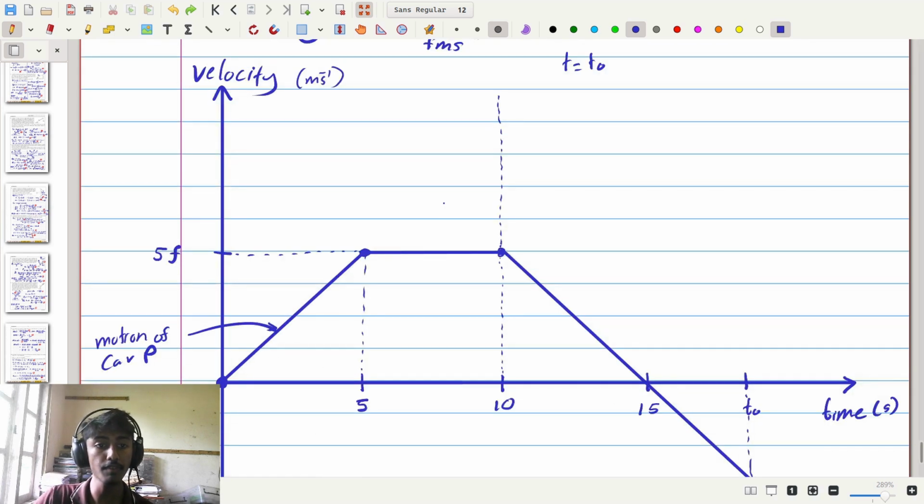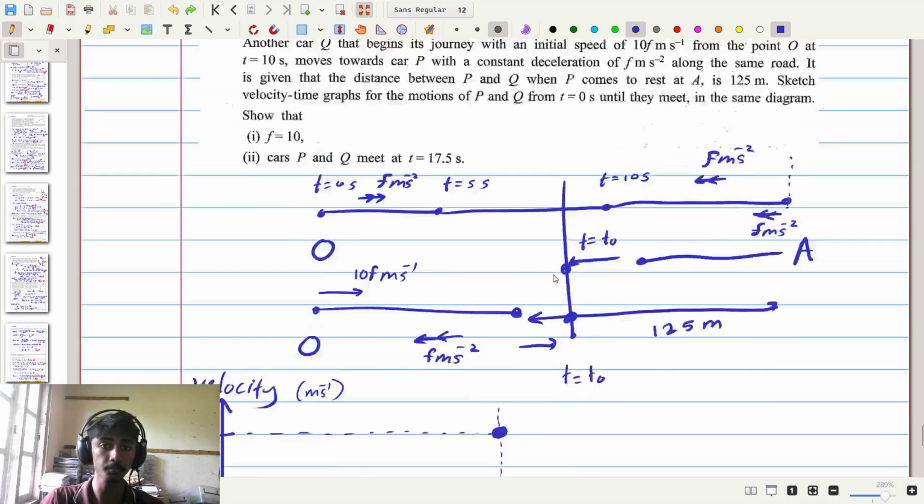So in our graph, if this is 5f, then about double that distance upward, which is somewhere over here, we should mark the velocity of 10f, and horizontal to that, at t equals 10 seconds, we can mark our first point on the graph of the car Q, which is going to be this point right here. T equals 10 seconds and velocity equals 10 f meter per second.